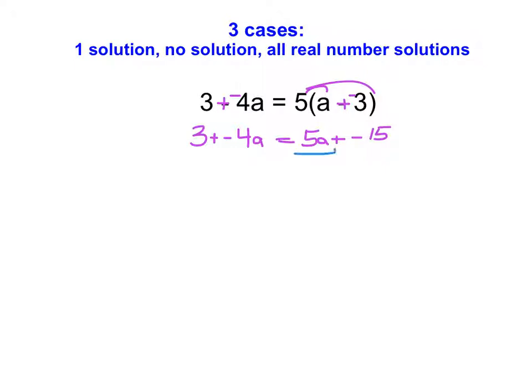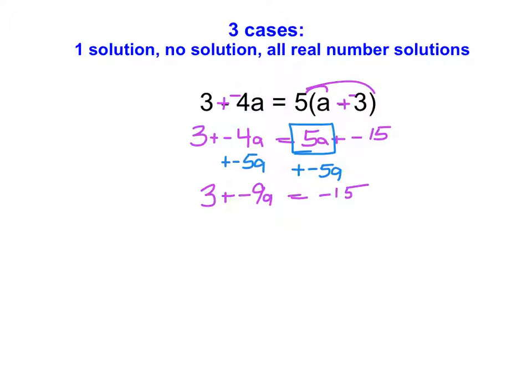So what I'm going to do is move this 5a here by adding a negative 5a to each side of the equation. As I do that, I find that I have 3 plus negative 9a is equal to negative 15.